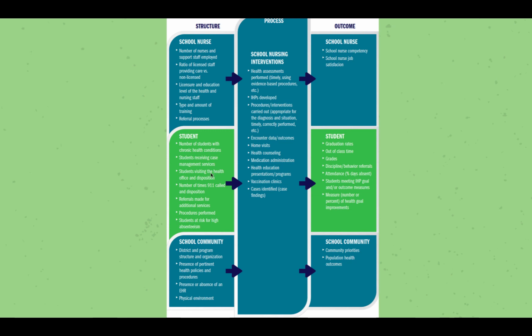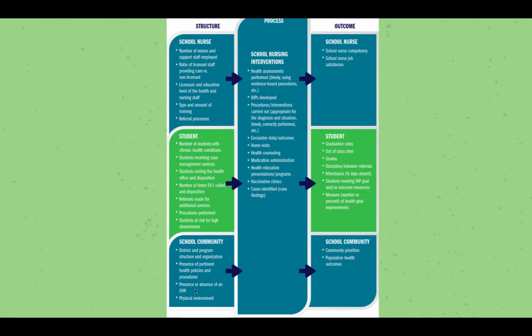And then in terms of students, look at your student demographics. How many students are receiving case management? Do you have a case management program? What are the procedures that are currently being performed? What's the absenteeism numbers right now? And then in the school community, you look at what is the structure and organization of our district, and do we need to change it?